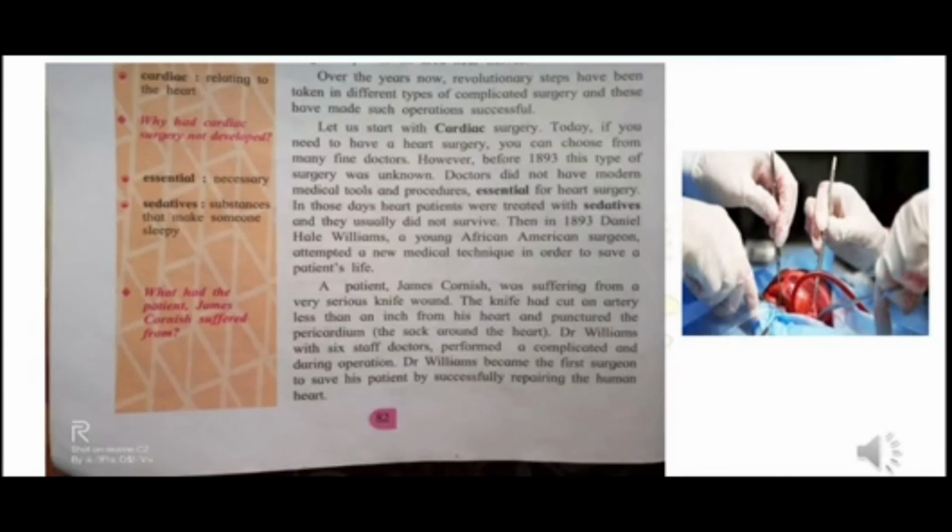We see how essential cardiac surgery is. It needs so much observation and minute detail, because it's very important that our heart pumps blood. If our heart stops pumping blood, then we might not be alive, and therefore we always need to be very careful in each and every move that we take in our life.